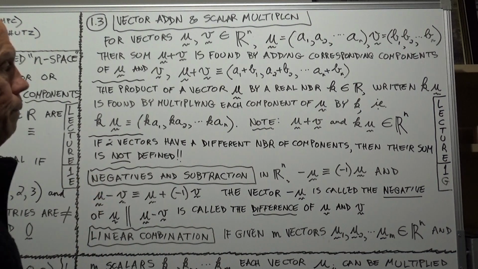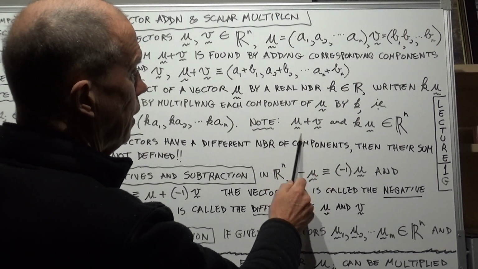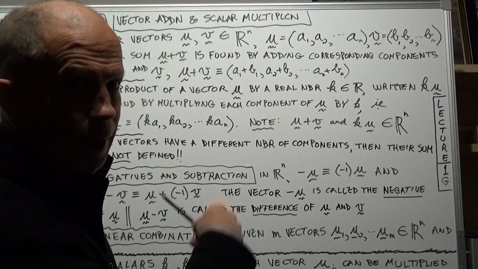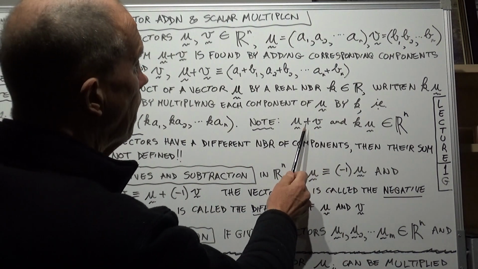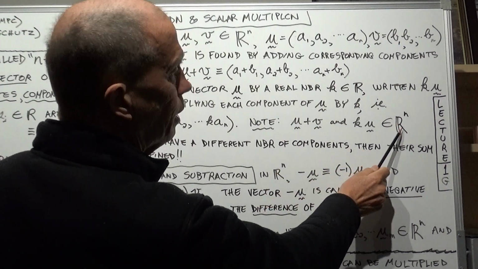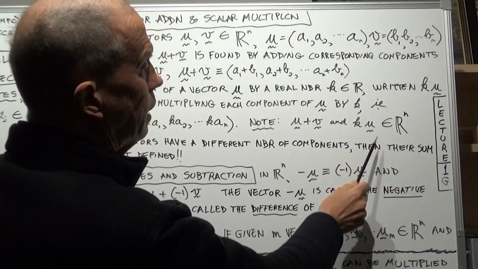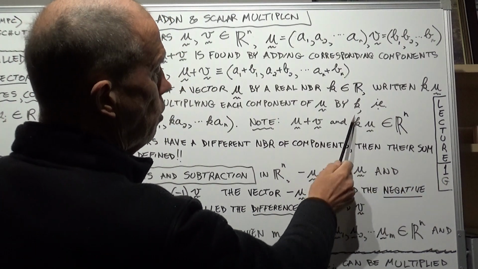This is the definition for addition of two n-dimensional vectors, and this is the definition for multiplication of one n-dimensional vector by a real number k. Note, the sum of two vectors has to be a vector of the same kind. So u plus v, the sum, will also belong to n-dimensional real space, R to the n, and similarly ku will also belong.